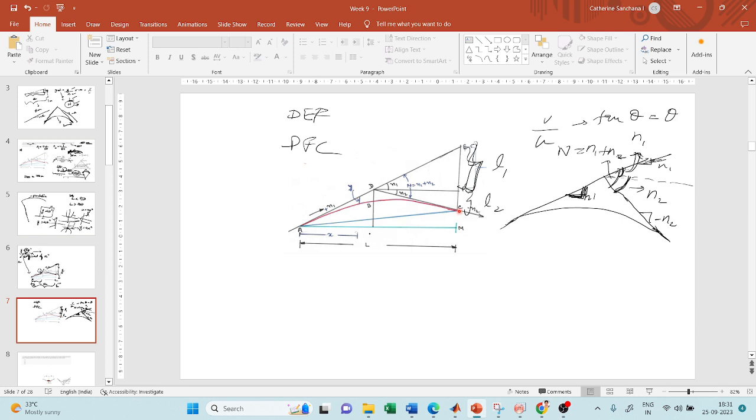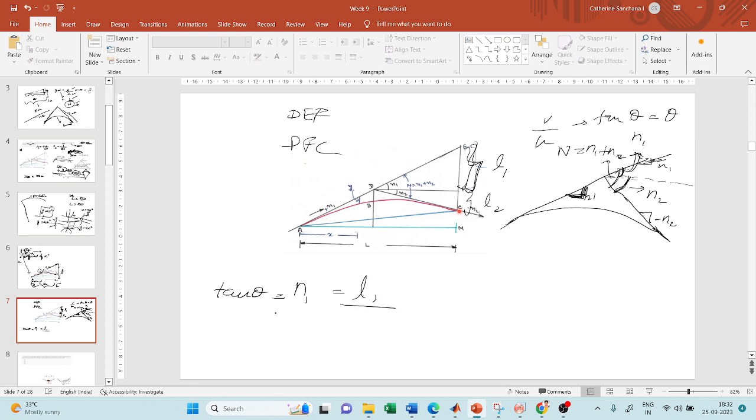Just take tan theta at this point. Tan theta is nothing but slope. Your n1 is my slope. Slope is nothing but tan theta. So both can be equated. So tan n1 is equal to tan theta, which is equal to opposite, L1, divided by adjacent.